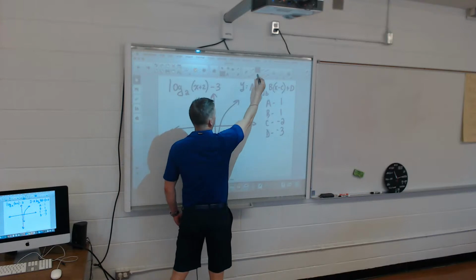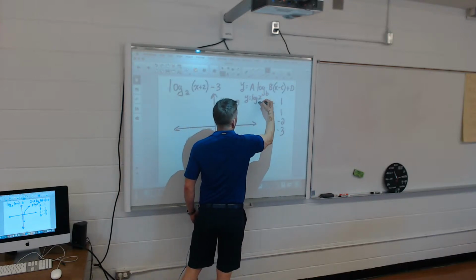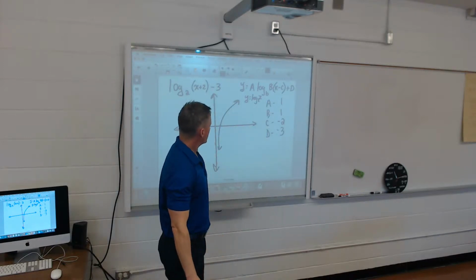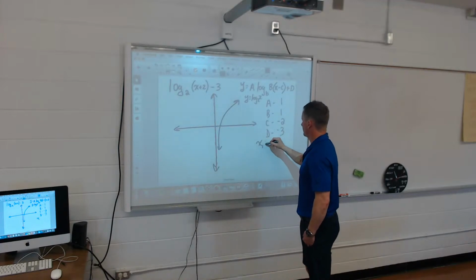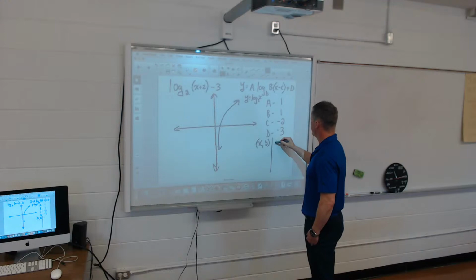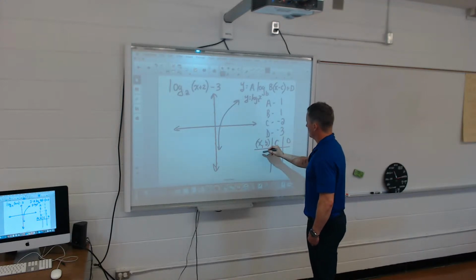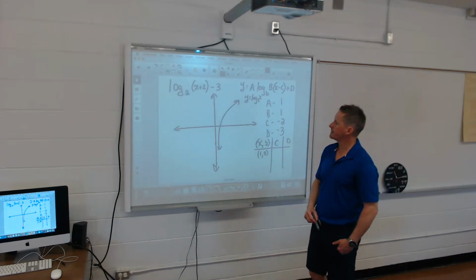Okay, so this would be the graph of y equals the log of x to the base 2. Focusing on my coordinates, (1, 0) is one of my primary coordinates.